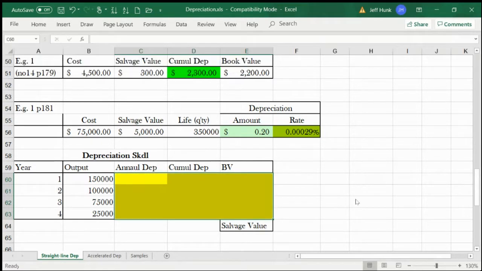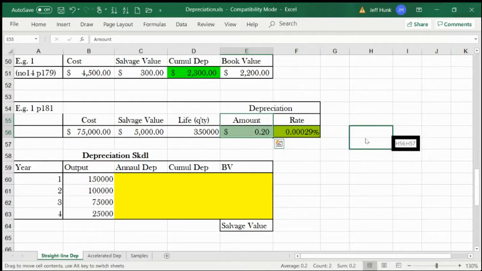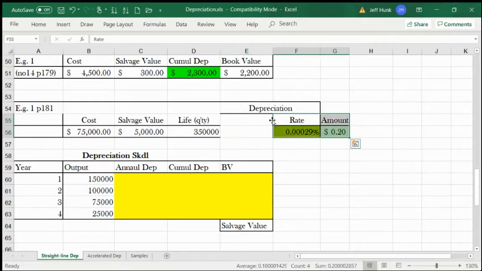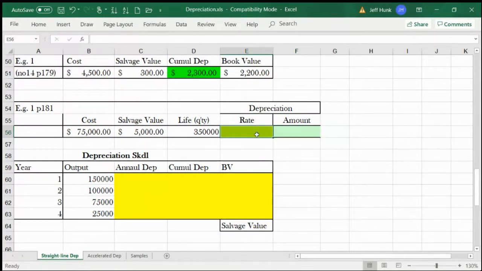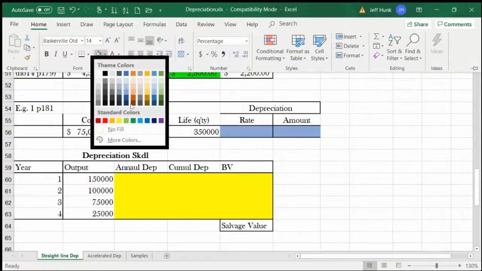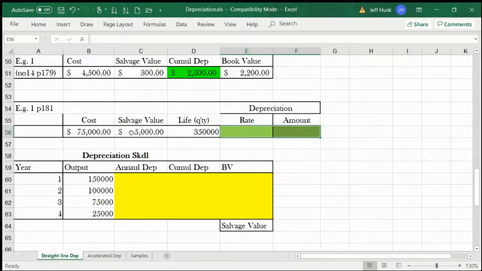I want to rearrange a few things, and I'll do the housekeeping later. The salvage value of 5,000 is kind of high, because when it is fully depreciated, it should have no value left other than the scrap metal value, or zero.